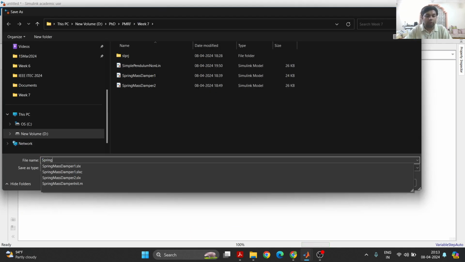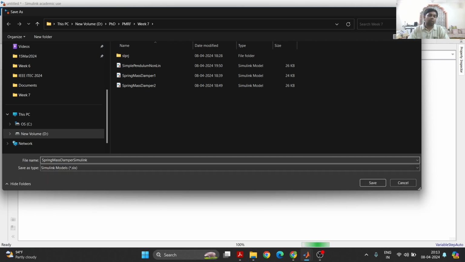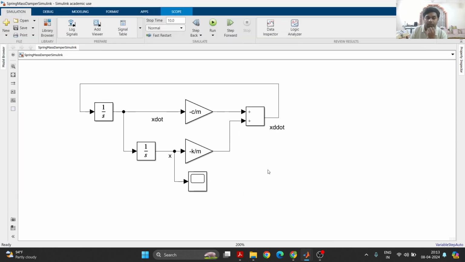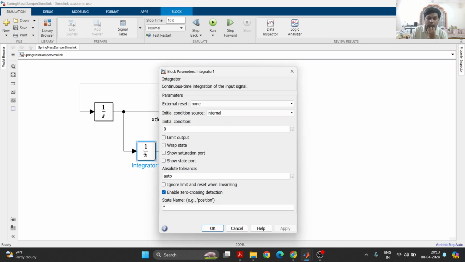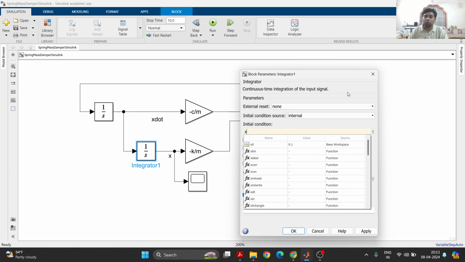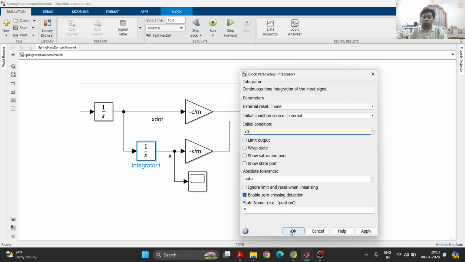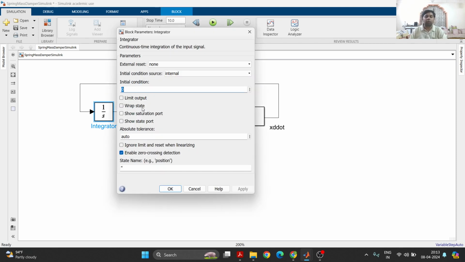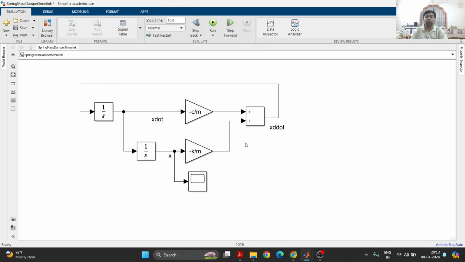I'll save this as spring mass damper Simulink. Here for the displacement, we have our initial condition as x naught, and the initial velocity part is 0. So our initial condition is 0 for the velocity.